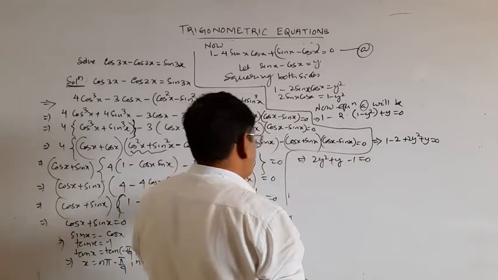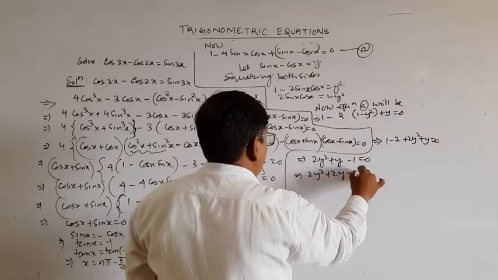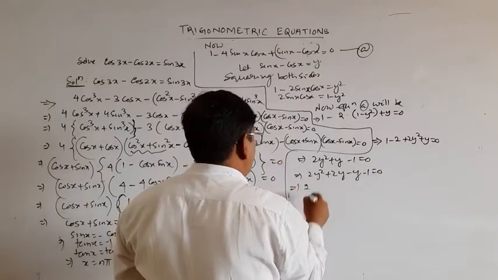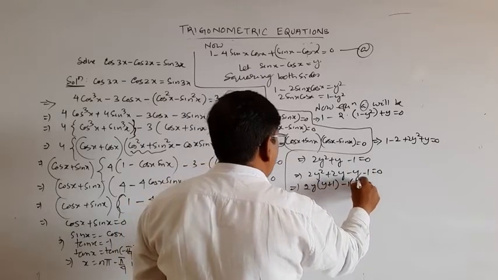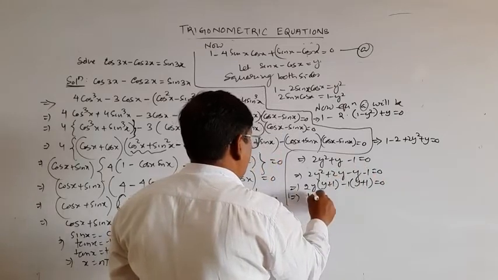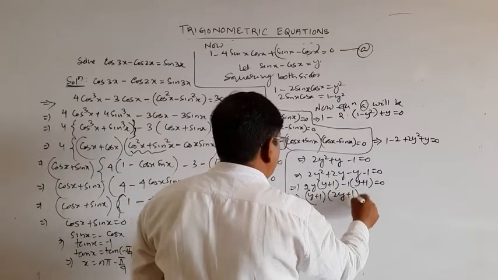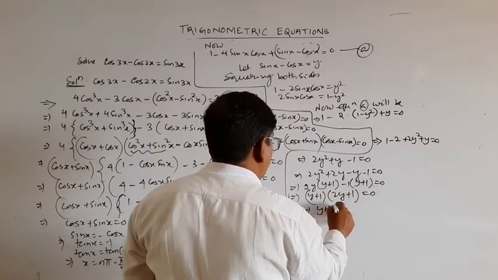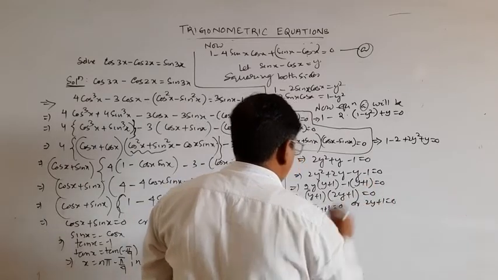Now factorize this: 2y square plus 2y minus y minus 1 is equal to 0. So 2y common, y plus 1, minus 1 common, y plus 1 is equal to 0. That implies y plus 1 into 2y plus 1 is equal to 0. That implies y plus 1 equal to 0, or 2y plus 1 is equal to 0.